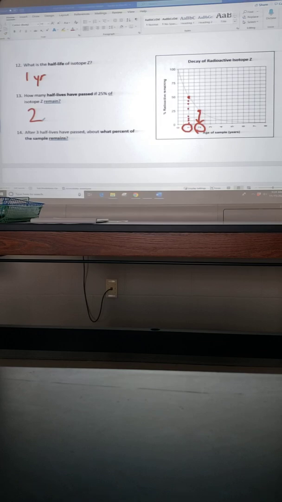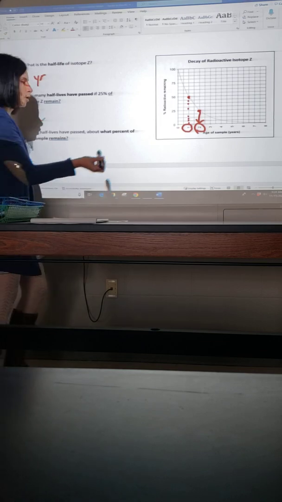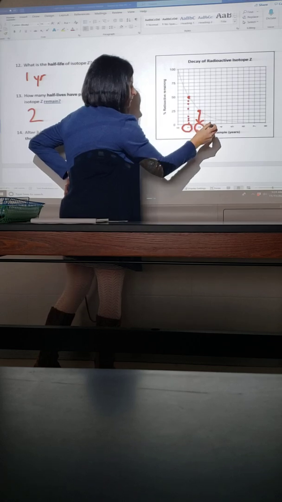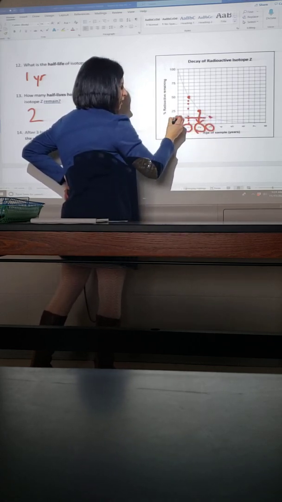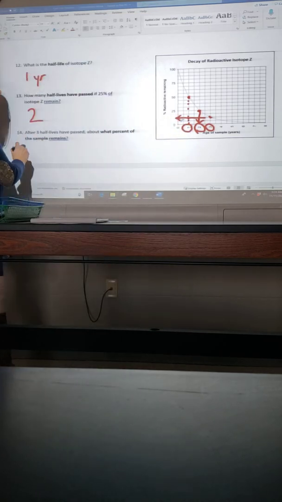And now it says after 3 half-lives, so we're going to be looking at this area, right? So we're going to go from there up to the line, and then we're going to go over to here. Approximately what percent is left at that point? 12.5. About 12.5, or, you know, approximately 12 or 13% would remain.